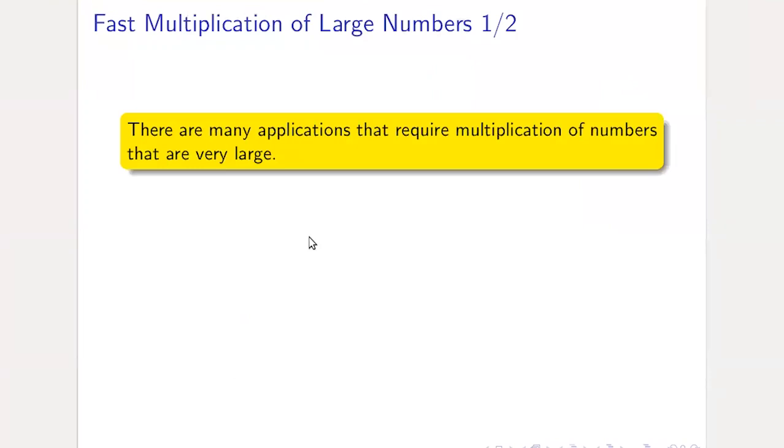Yeah, so this is the last example. This is about multiplying large numbers. Okay, so exactly what do we mean by large numbers? There are a lot of applications that require multiplication of very large numbers.